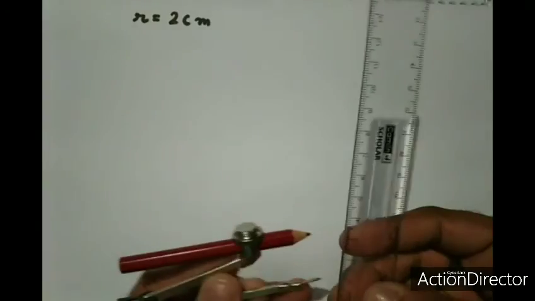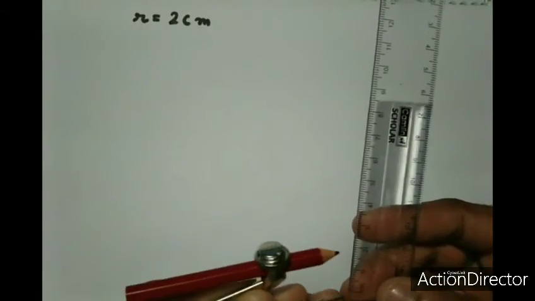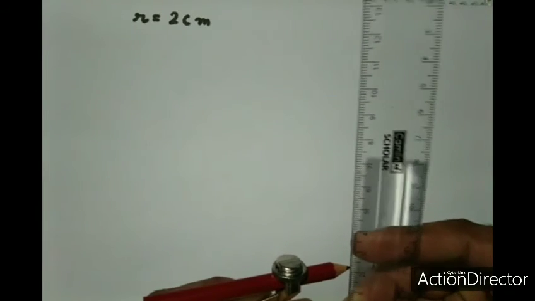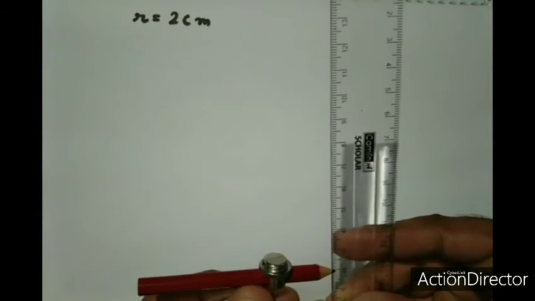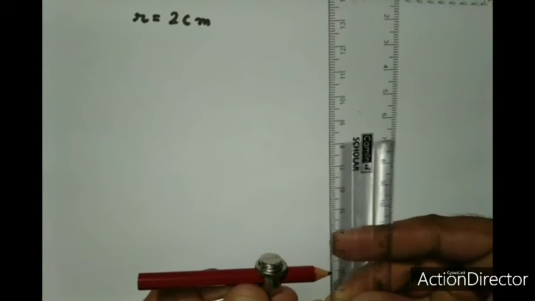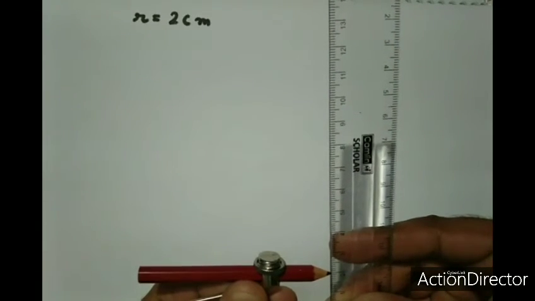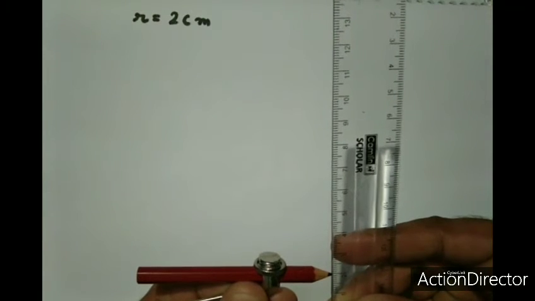Here we put the tip of this compass on the scale and the pencil on 2 centimeter. And remember students, you must measure exactly 2 centimeter here, otherwise your circle is not formed with a 2 centimeter radius perfectly.